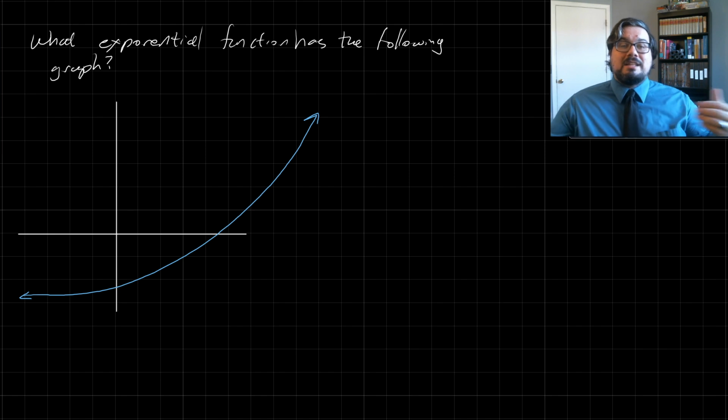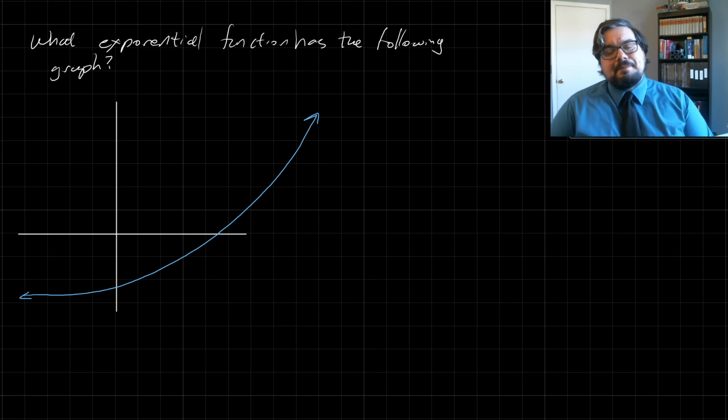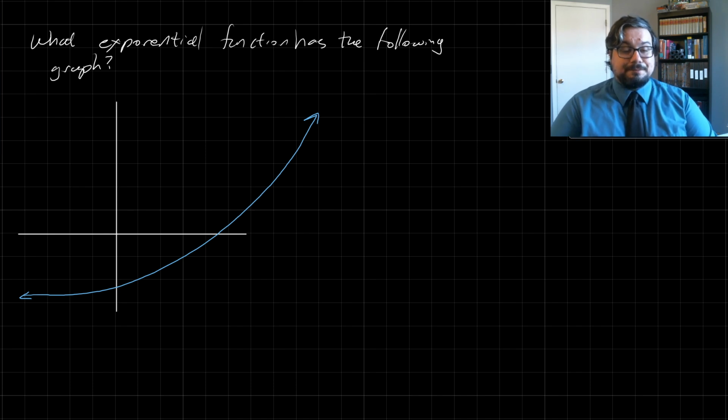If you do some transformations of that, shifted up or down, left or right, reflected around the axes, that's fine. That gives you perfectly good functions, but we won't call those exponential functions anymore. We would call them transformations of exponential functions. And so this graph here is not the graph of any proper exponential function.